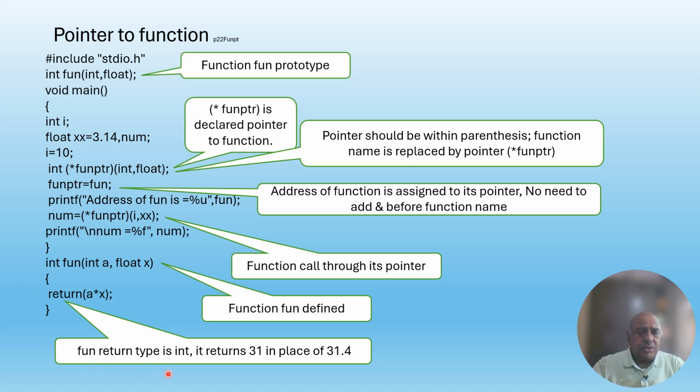So fun's return type is int, it returns 31.4, but since num is int, it returns 31 in place of 31.4.